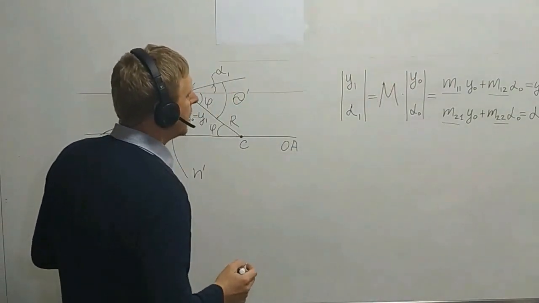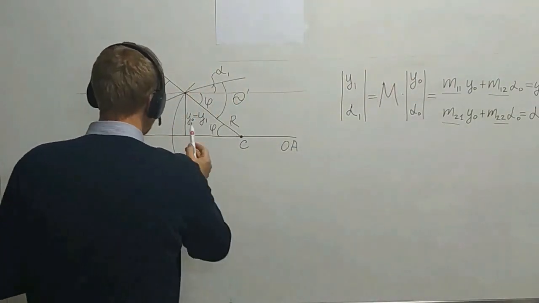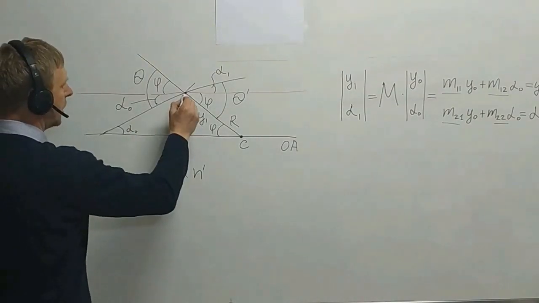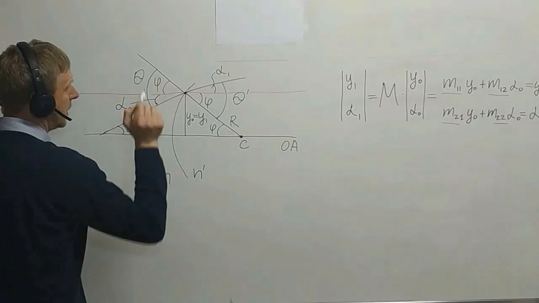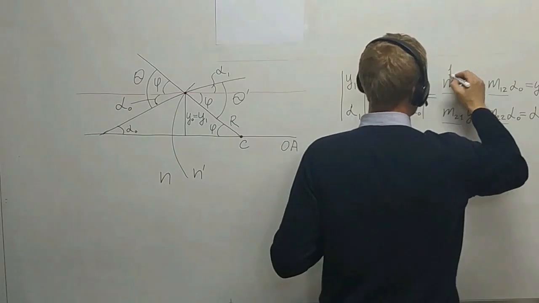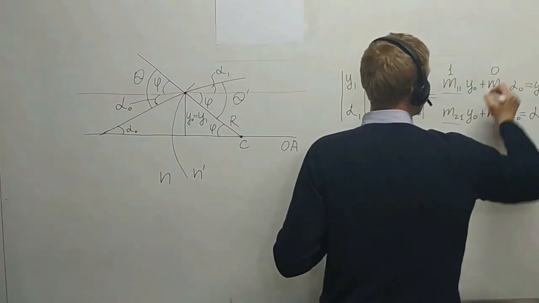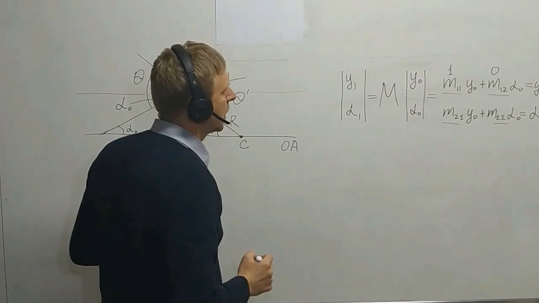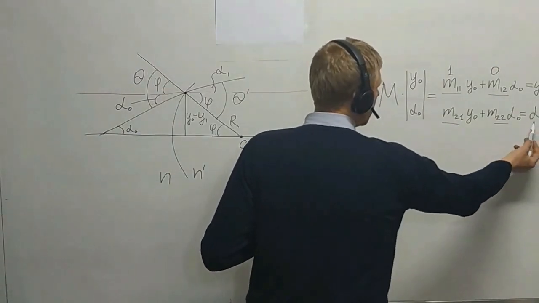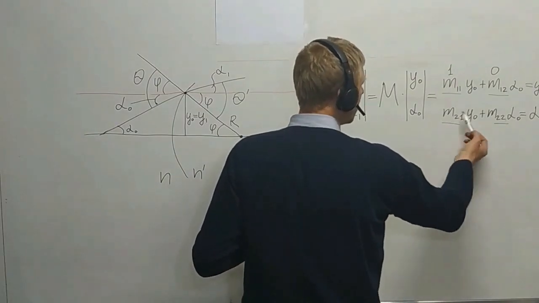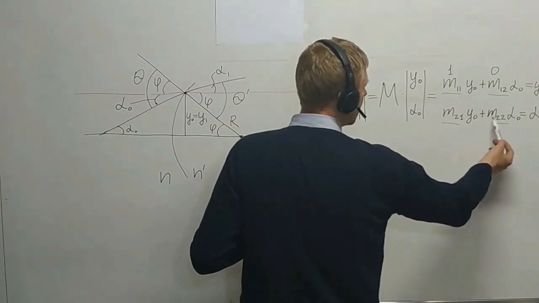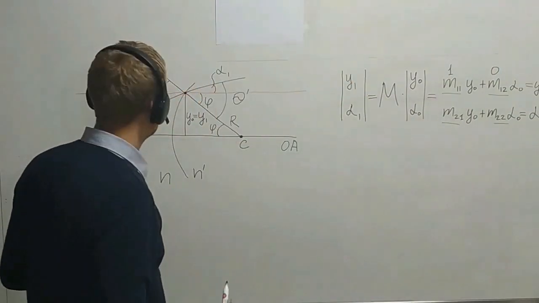Obviously, since y1 is equal to y0, because we are talking about the same point, this coefficient is equal to 1, and this coefficient is equal to 0. Now I need to find these two coefficients, so I need to write alpha 1 in the form of one term consisting of y0 and another term consisting of alpha 0.